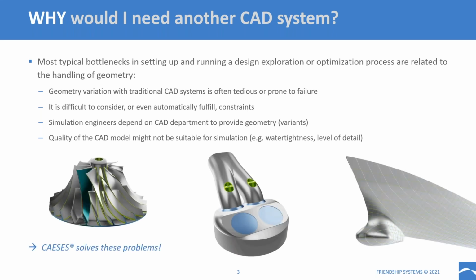And basically, these are the points that we are focusing on with our tool CAESES. So it's not necessarily a replacement for other CAD systems, but rather an additional system that is very highly specialized on the process of geometry variation within the context of simulation-driven optimization.